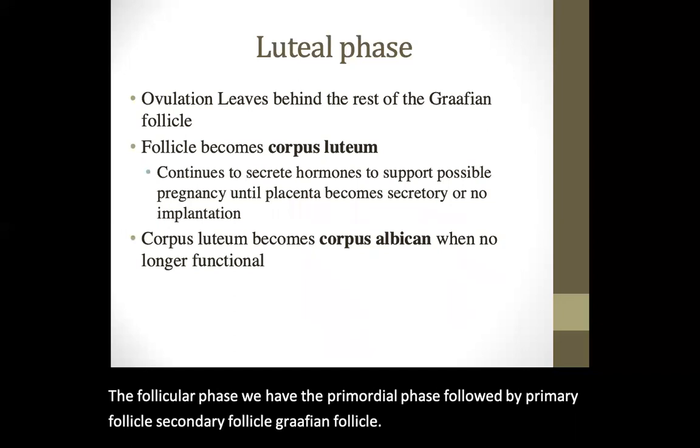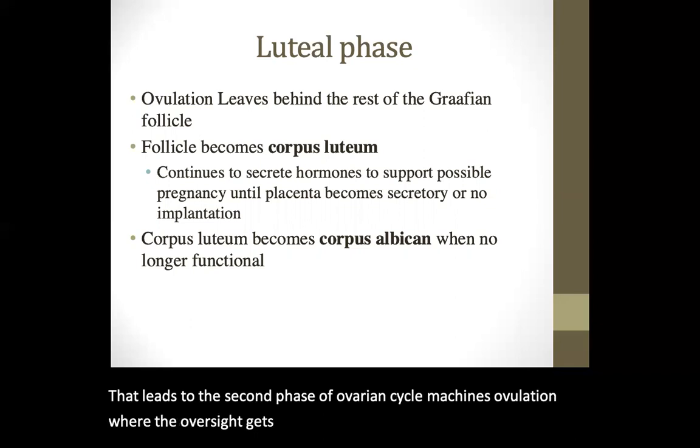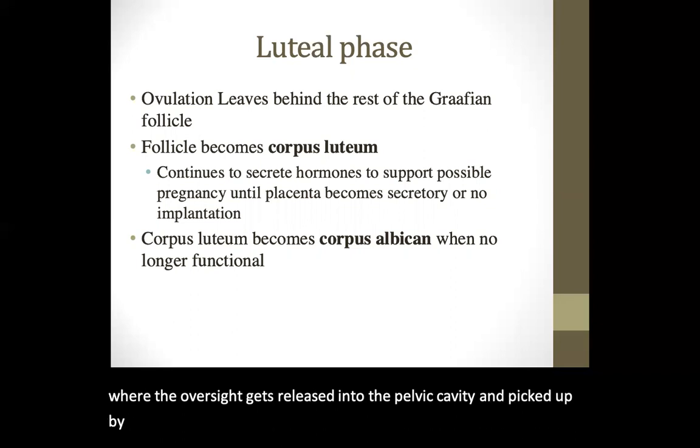That leads to the second phase of the ovarian cycle, which is ovulation, where the oocyte gets released into the pelvic cavity and picked up by the fimbriae and transferred into the fallopian tube.